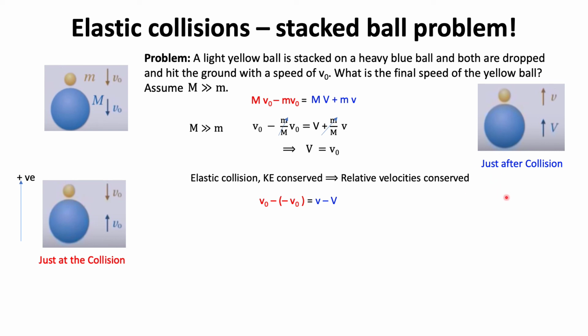That's uppercase V. Now what's uppercase V? It's nothing but V naught, right? From this equation we already know that. So let's plug that in here, and what we get is that the velocity of the yellow ball, that's lowercase v, is nothing but 3 times its initial velocity. So it's interesting that the yellow ball gains 3 times its velocity just after collision.